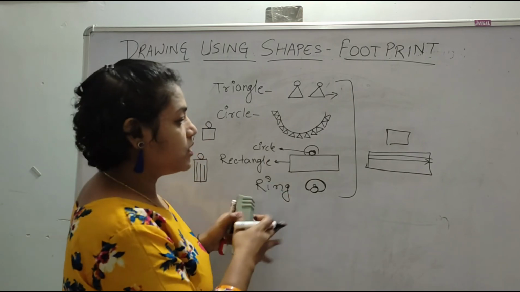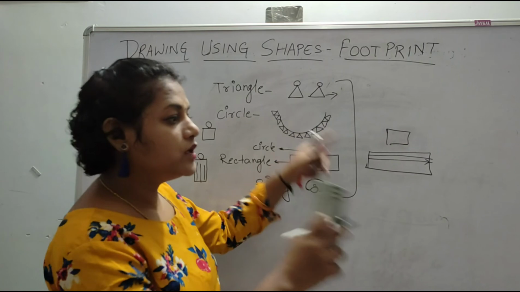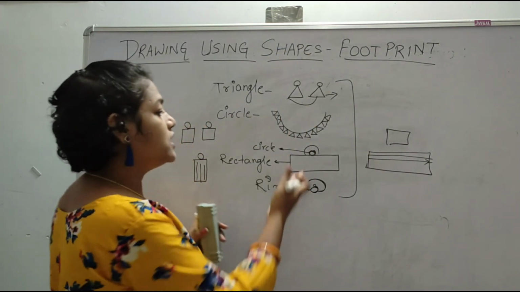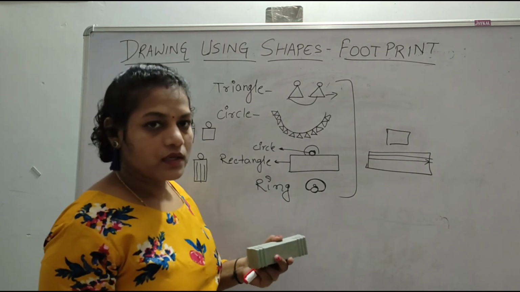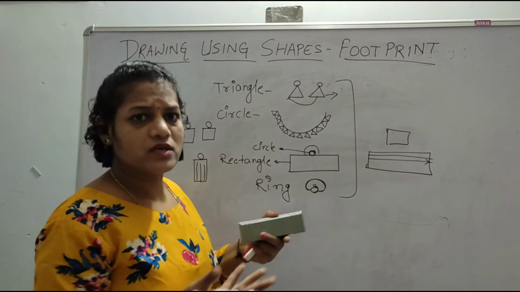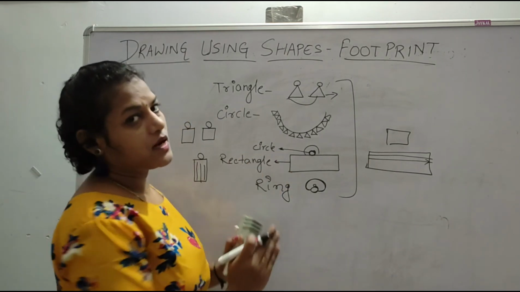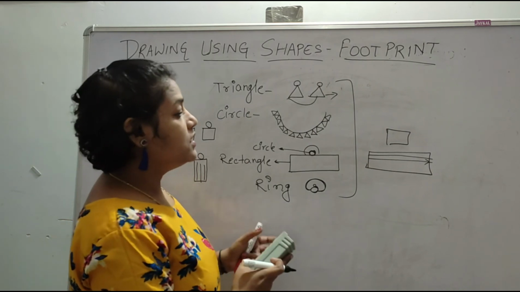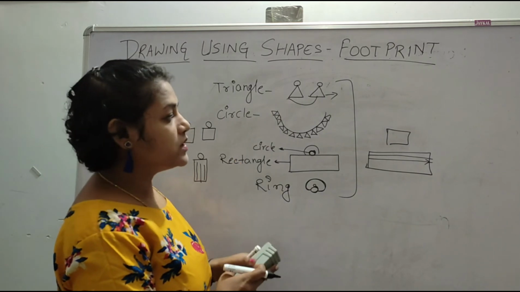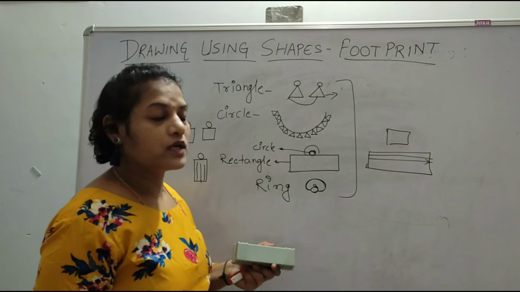So with these examples you can tell your kids that anything can be in a triangle shape, anything can be in a rectangle shape. At our home there are many things which are of different shapes. So using these examples, you teach your child about different shapes. This video is basically for class 1st or 2nd, small kids only.